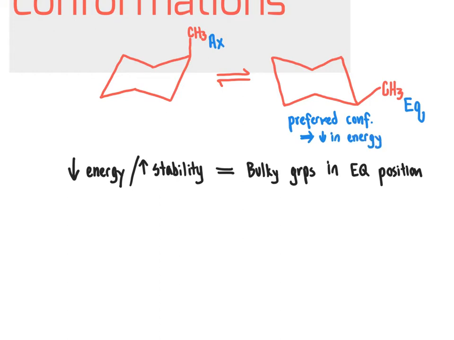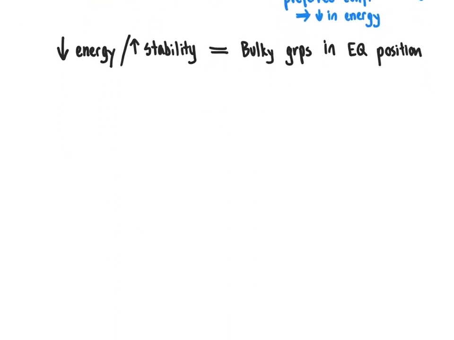Now, what happens if we have two groups bonded to our ring within the molecule? What is the case then? So let's take a look at an example problem of predicting the lowest energy conformer of a molecule that has multiple groups.